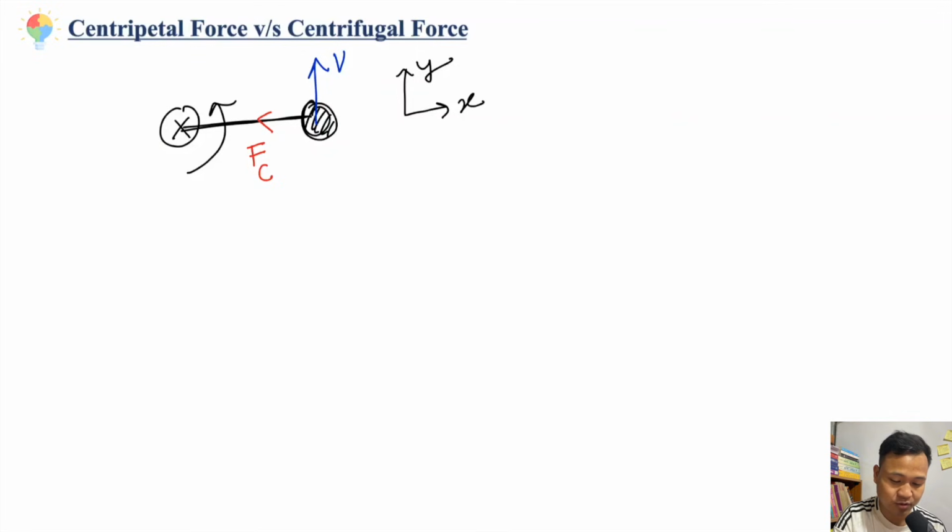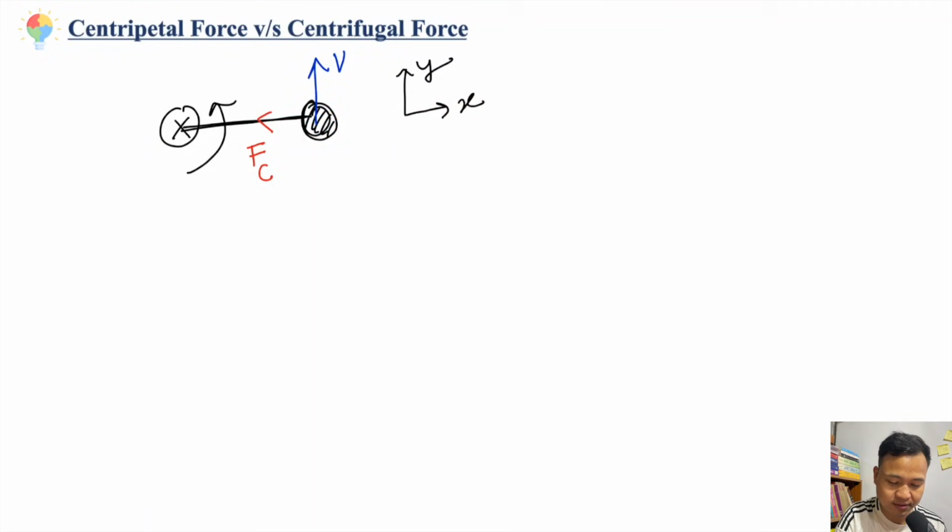Since the object has no motion along the x-axis, the net force along the x-axis must be zero. If there is no net movement along the x direction, the net force must be zero.